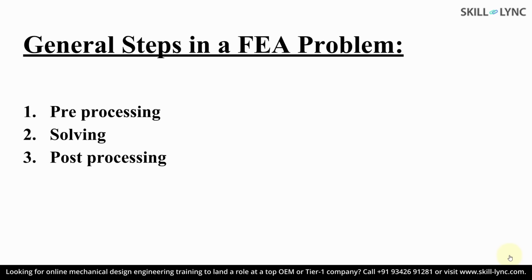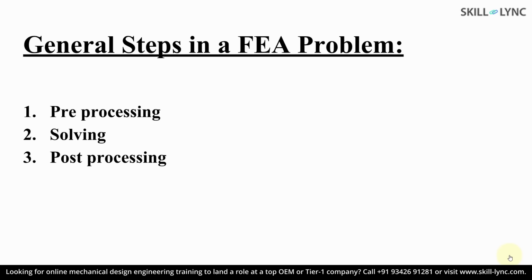In the solution process, depending upon the type of analysis, the solver employs different algorithms to solve for the unknowns. After the solution is done, the derived quantities like stress and strain are calculated. In the post-processing, we look at the different stress and strain contours produced after solving the FEA problem. These plots are used to generate the report on the analysis done.